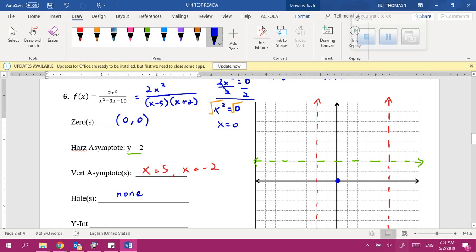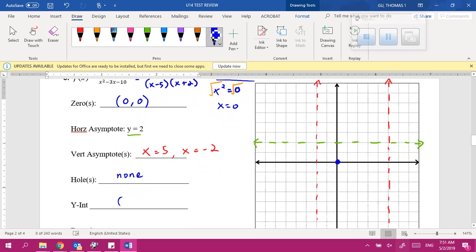If you plug in 0, the top is going to equal 0, and 0 divided by anything is 0. So the y-intercept will be 0, 0. Remember, if your x-intercept is 0, 0, the y-intercept is also 0, 0, because this point is on the x-axis but also on the y-axis. So it is both the x-intercept and y-intercept.